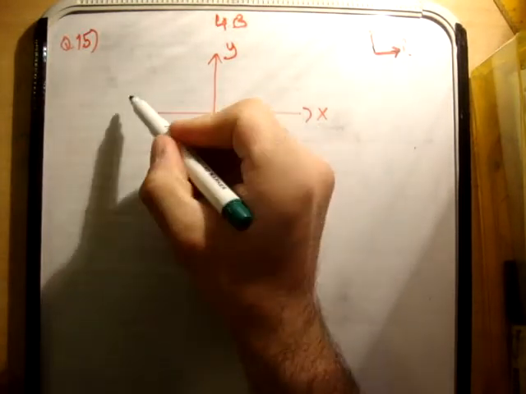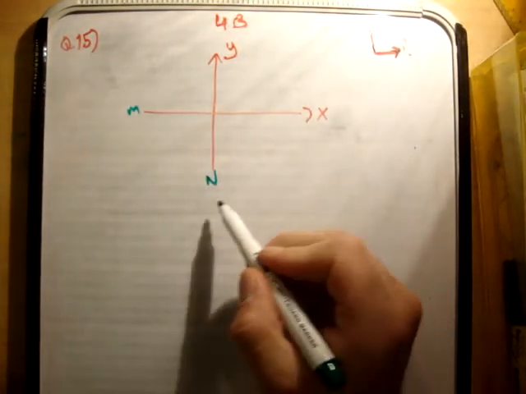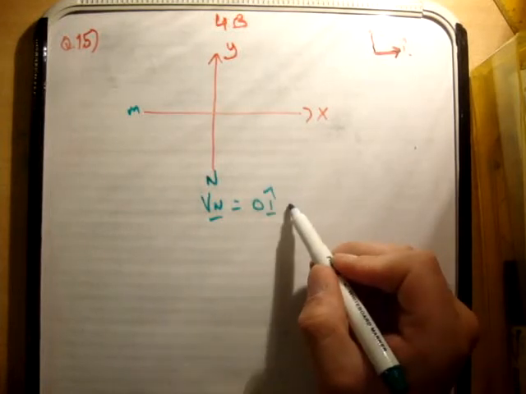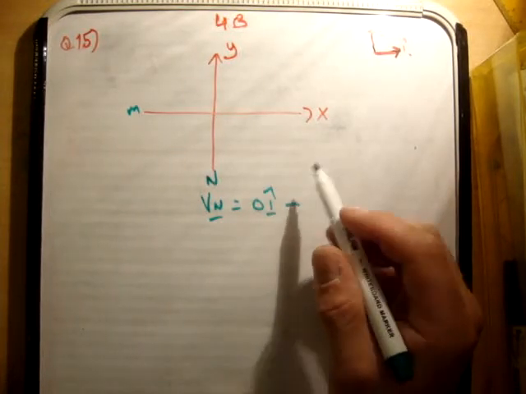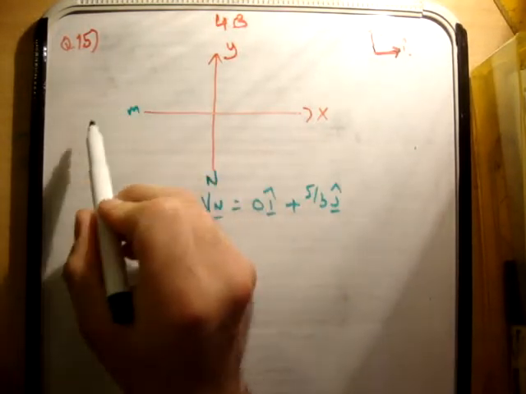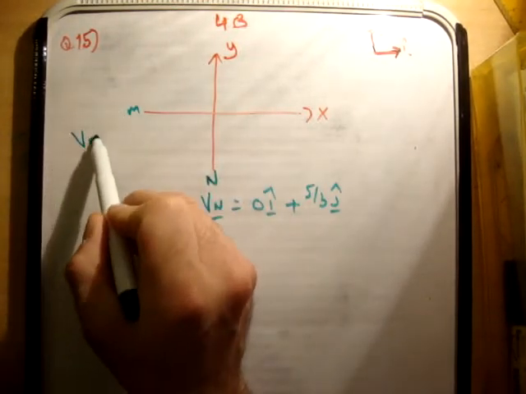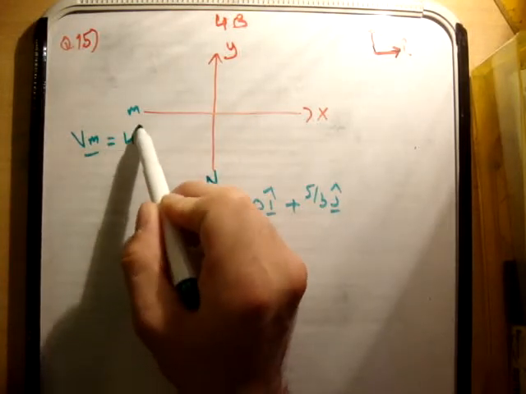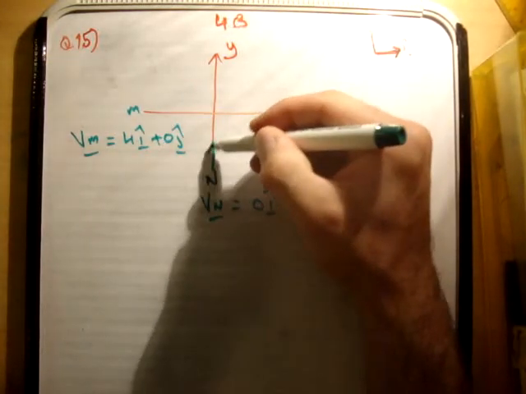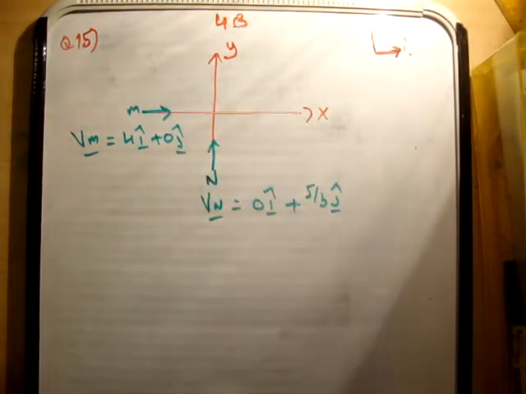We'll say this is N and this is M. We're told that the velocity of N is equal to 0 i hat plus 5 over 3 j hat, like so, and we're given that the velocity of M is equal to 4 i hat plus 0 j. So this guy is going this way, this guy is going this way, like so.